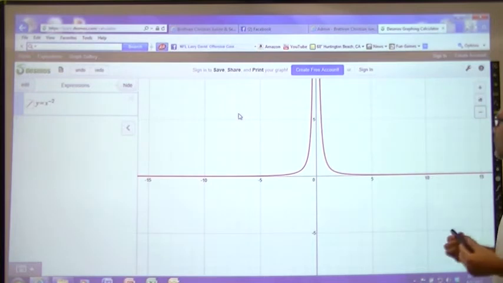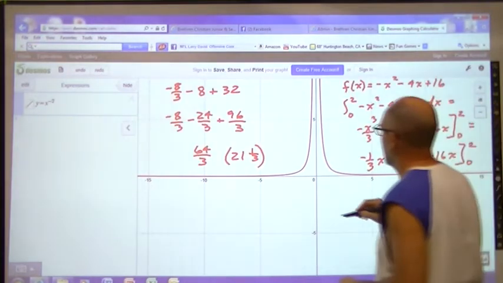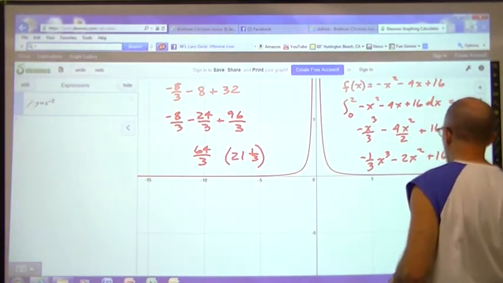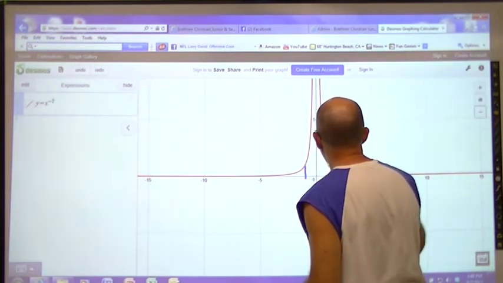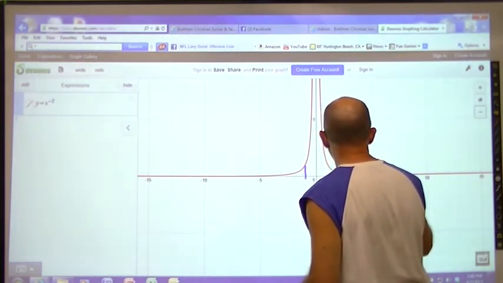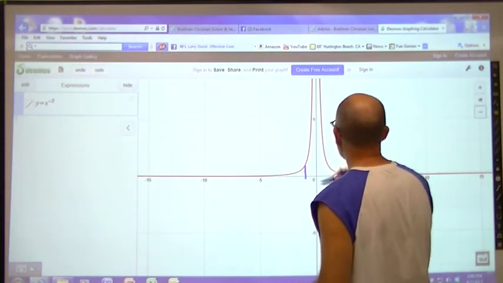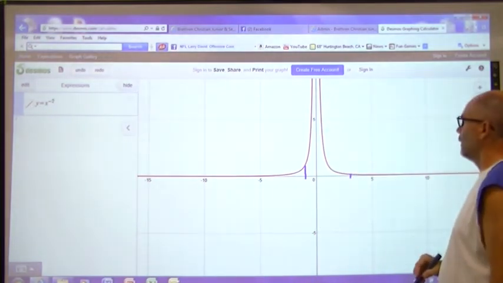So notice I was looking for the area from negative 1 to 3. So from negative 1 to 3. And I ended up with a negative. Why is that?